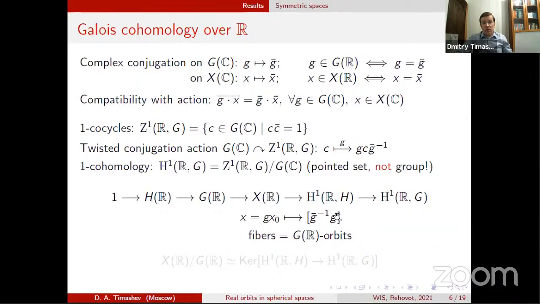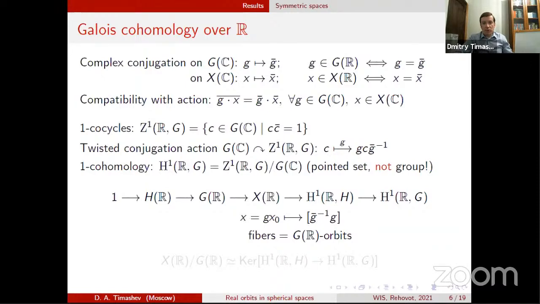So this is an element of H, and it is easy to see that it is a cocycle. So its cohomology class sits in the first Galois cohomology of H. This map sends the point x to this Galois cohomology class.